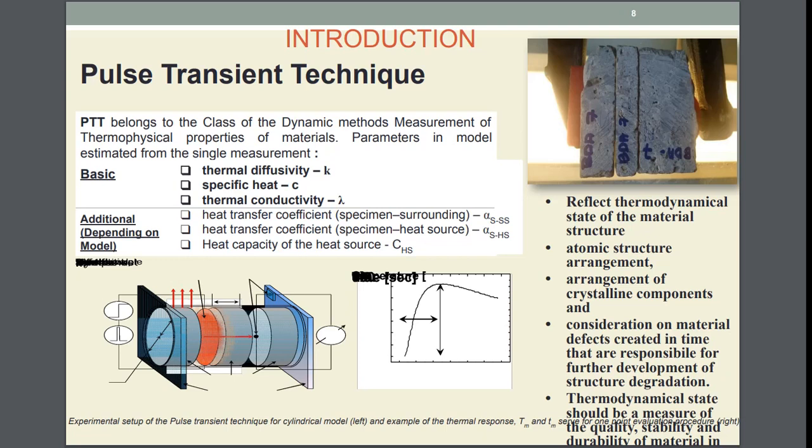This is the increasing thermal response graph, plotted against time, and these arrows are telling that the temperature here, sometimes for rocks and wood, goes to a maximum between 0.5 and 1.